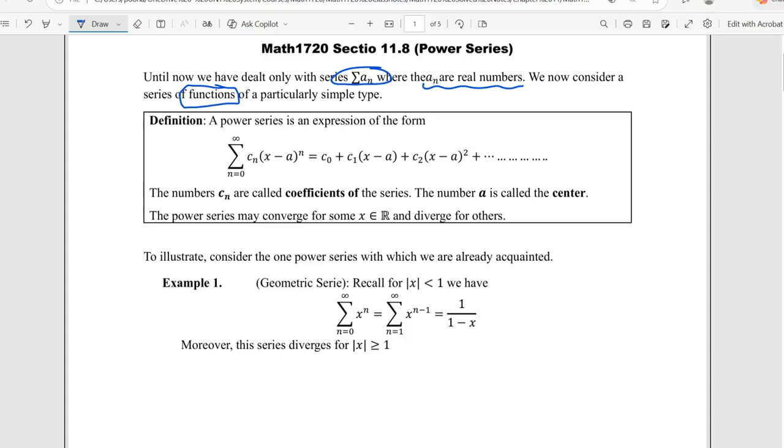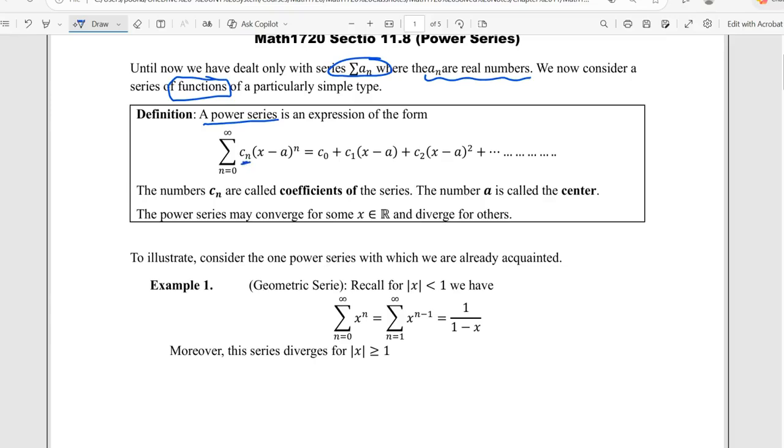Let's define power series. A power series is an expression of the form sigma Cn times (x minus a) to the power n, where n is going from 0 to infinity. Notice Cn here is some constant, but x is a variable, a is some constant, and n is the counter which is changing.